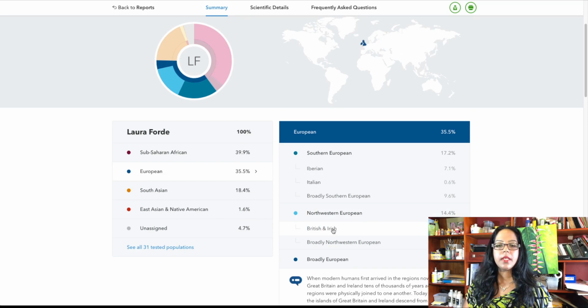So I am 6.3% British and Irish. I am, again, look at the colors on top here in the map. I am 8% broadly Northwestern European. And then they put all the colors together, and I am 3.9% broadly European.